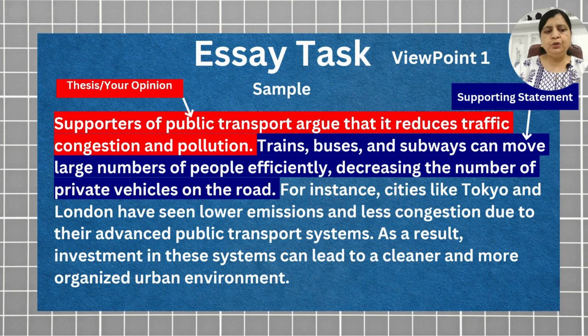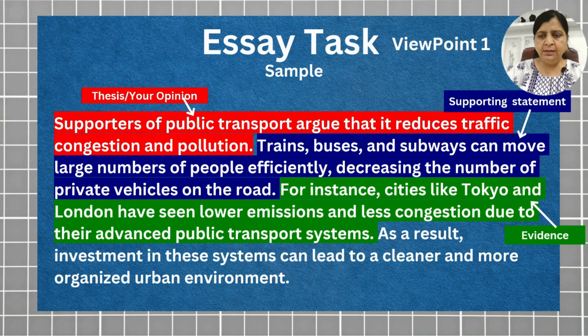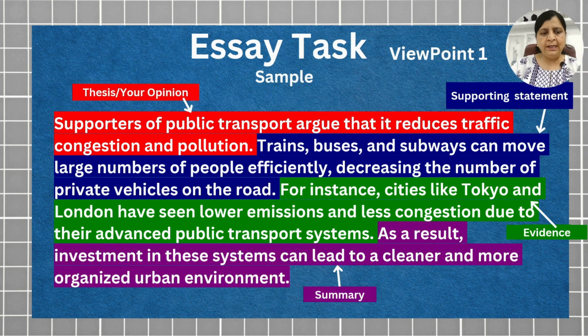For instance, cities like Tokyo and London have seen lower emissions and less congestion due to their advanced public transport systems. You have given evidence, and finally you are giving the summary. As a result, investment in these systems can lead to a cleaner and more organized urban environment.